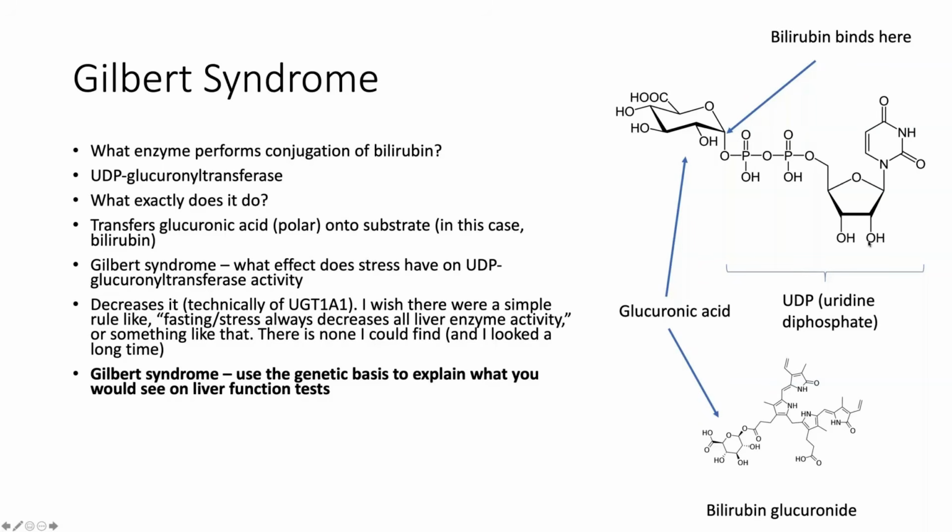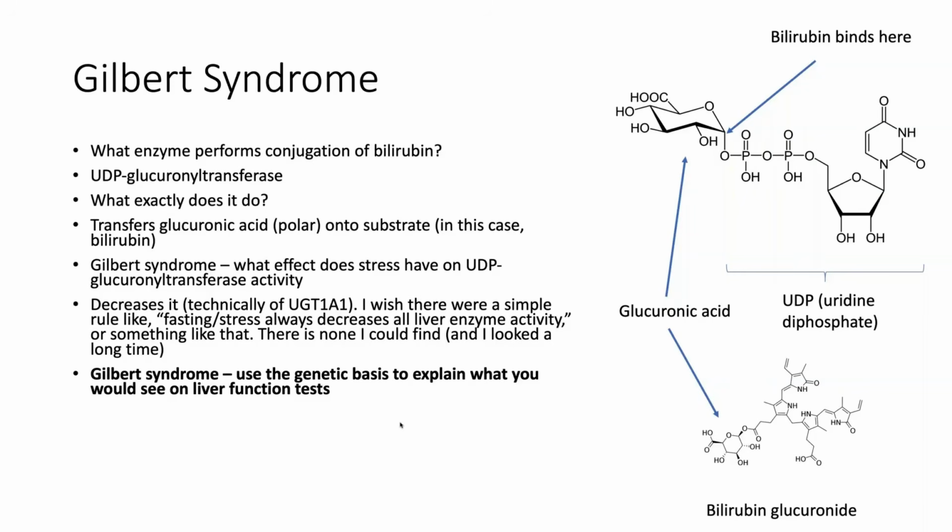So Gianna, now use the genetic basis of Gilbert syndrome to explain what you would see on the liver function tests. What abnormalities would you see? As we discussed, the genetic basis was that it decreases the ability for bilirubin to become conjugated. And we said that the liver is the organ that does the conjugation, right?